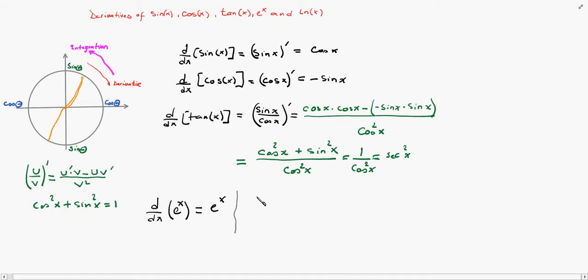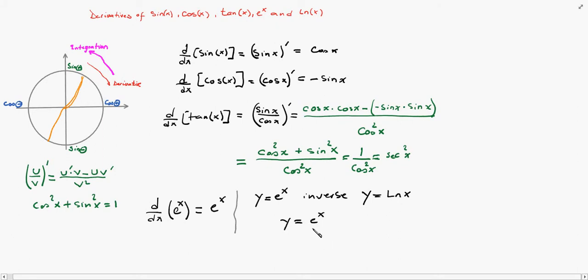So we know that the function e to the x is the inverse function of y equal to the natural log of x. This is an inverse. So this is what we can do. We can say y equals e to the x.